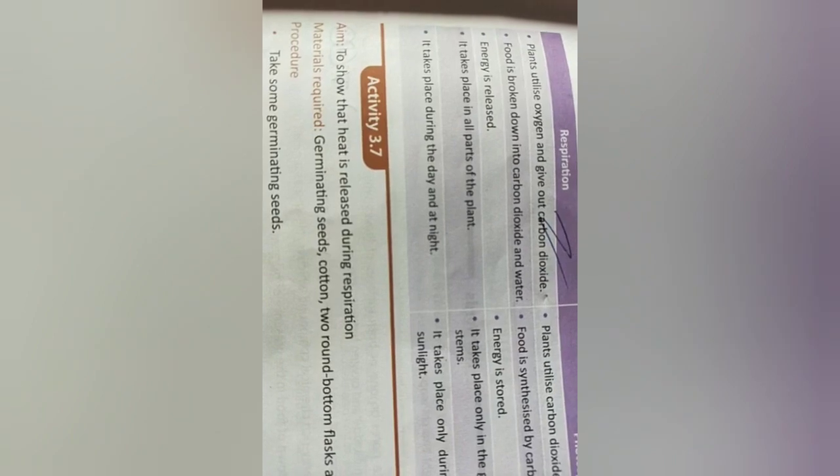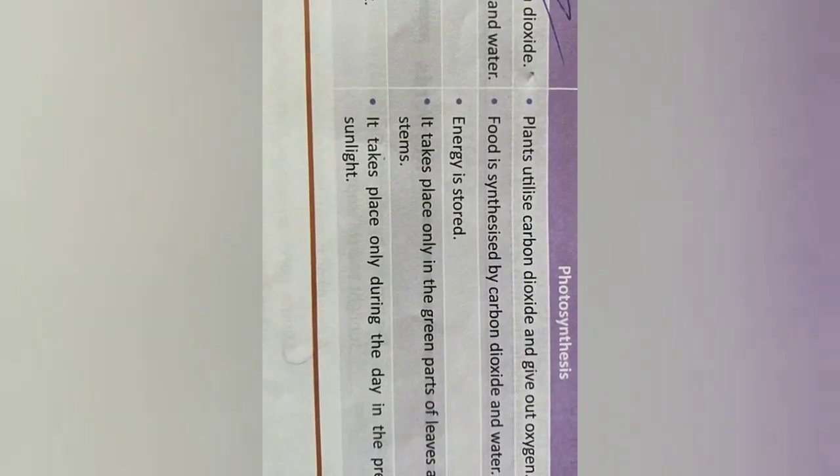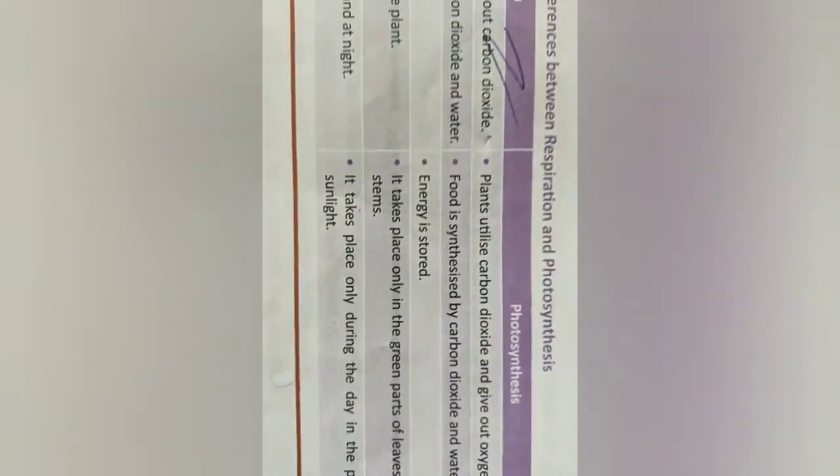Let's see the difference between photosynthesis and respiration. Before that, there is a need to know the gases exchanged during photosynthesis. Photosynthesis occurs during the daytime, and carbon dioxide is taken in and oxygen is given out, whereas in respiration carbon dioxide is given out and oxygen is taken in.